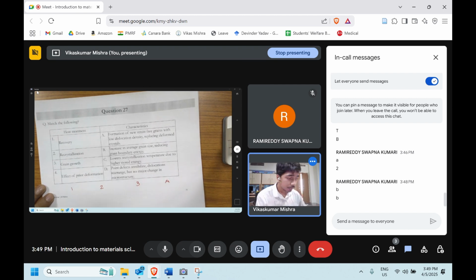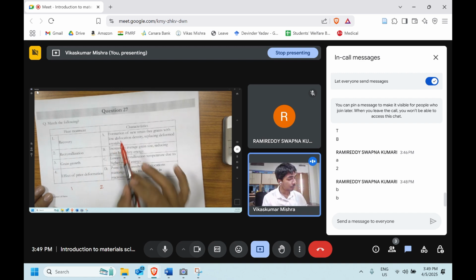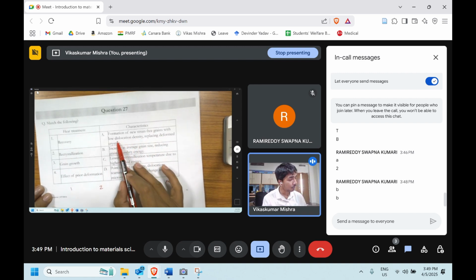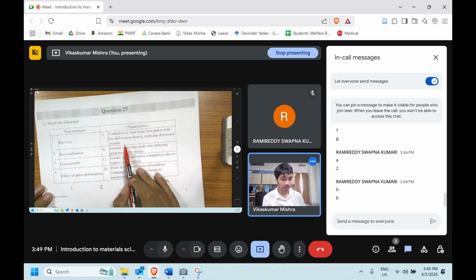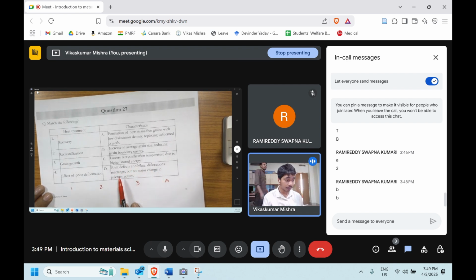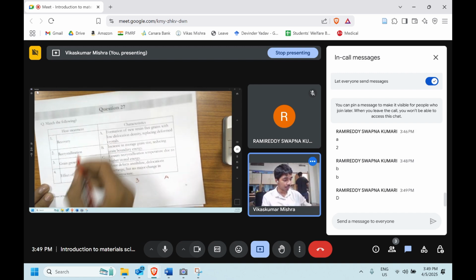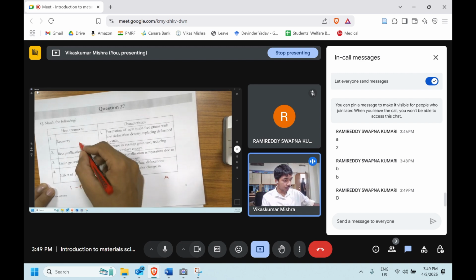Formation of new strain-free grains with low dislocation density replacing the deformed crystal. Increase in the average grain size, reducing the grain quantity. Lower recrystallization temperature due to the higher strain. Point defect annihilation, dislocation rearrangement, but no major changes in microstructure. Option D. Perfect. The first one is going to match with option D.